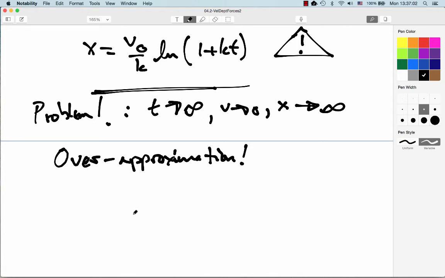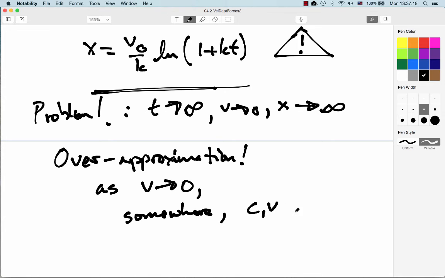The problem here is that as v approaches 0, we're going to get to a point somewhere where c1v will become a bigger deal than c2v squared. And I'll put absolute values in there if you must.